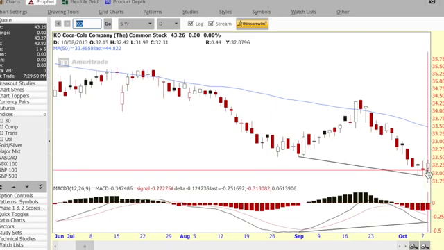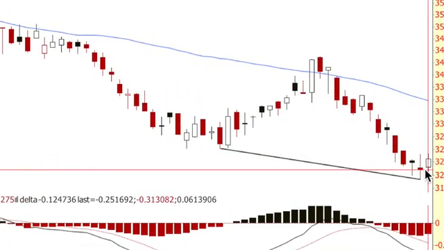Okay? And this is a confirmation candle because when I'm going to go long for a bullish trade, I wait for a bullish candle that makes a higher high and a higher low. Right? So you can see this makes a higher high and a higher low. So that is a valid pattern.